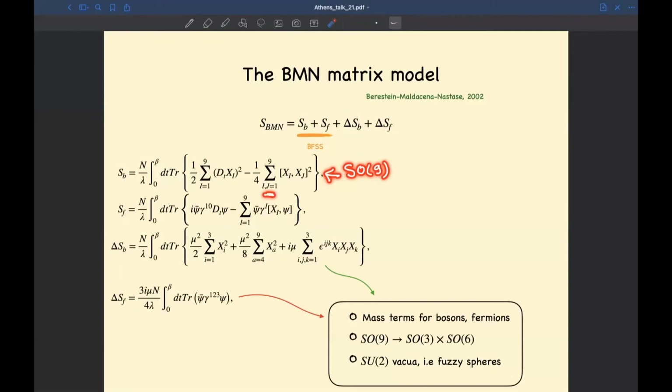So the model itself has an inbuilt SO(9) rotational symmetry. But when we add these terms, you see that this group runs from 1 to 3, so it gives an SO(3) rotational symmetry, while this group runs from 4 to 9, so it gives an SO(6) rotational symmetry. Therefore, the symmetries break like this. And as we will see, we also have SU(2) vacua, which can be represented as fuzzy spheres.